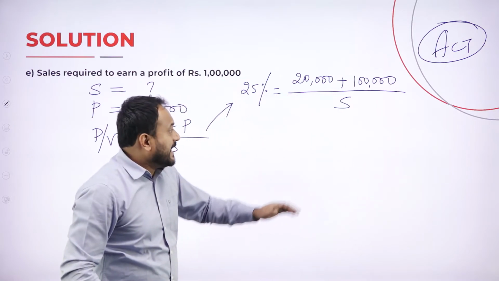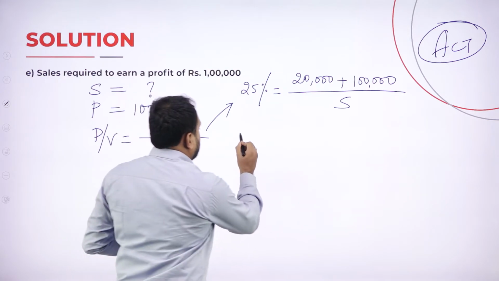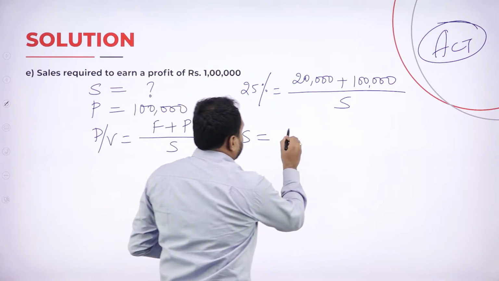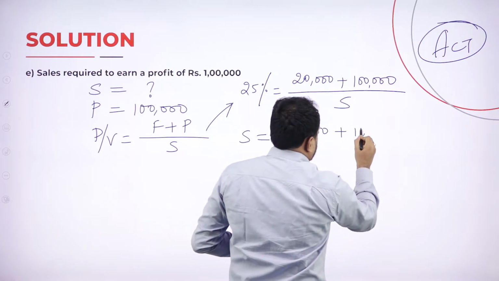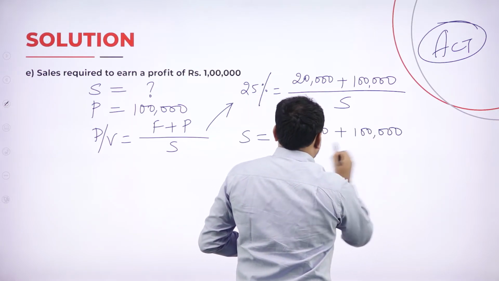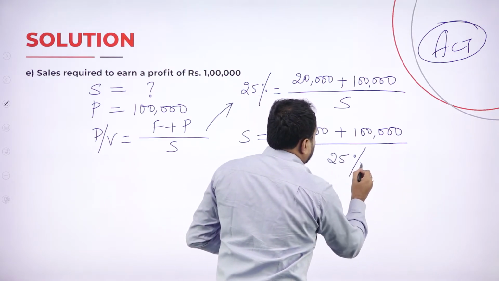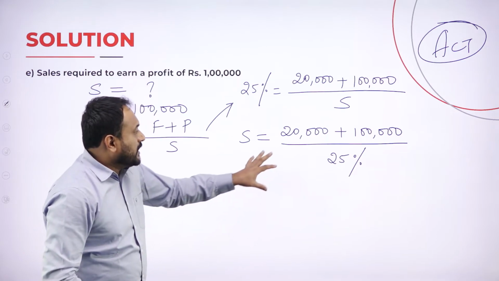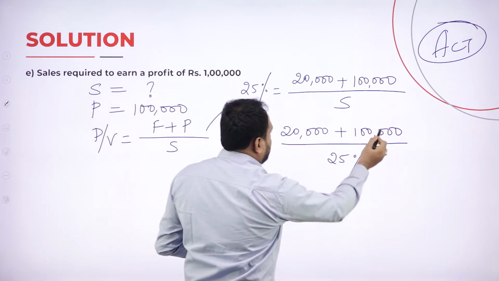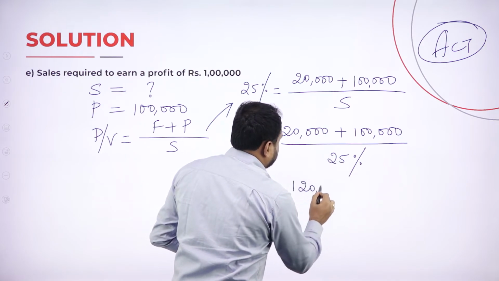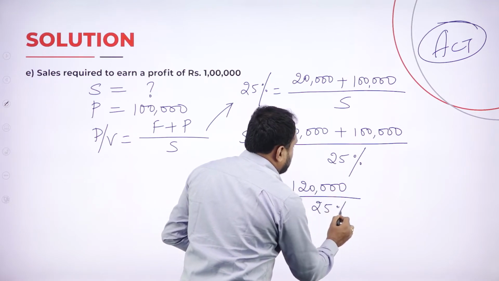Now what I will do is I'll move S here and 25% here. So what will happen is S is equal to 20,000 plus 1 lakh divided by this 25% will come to the denominator. Division. Now I'll go with one more step. S is equal to 20 plus 1 lakh is 1,20,000 divided by 25%.